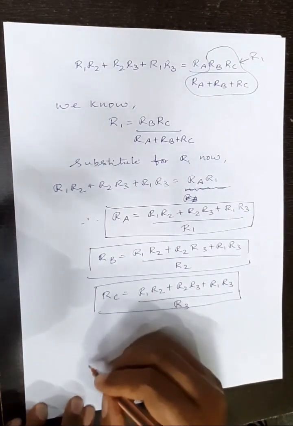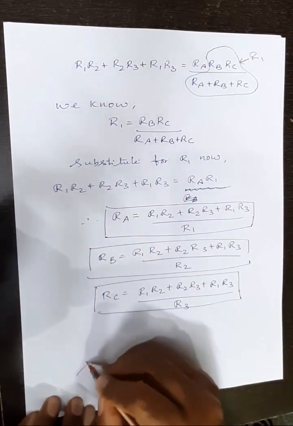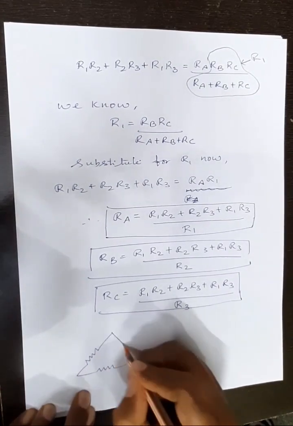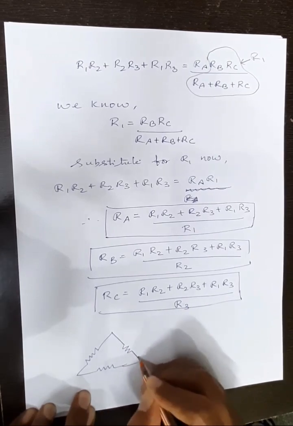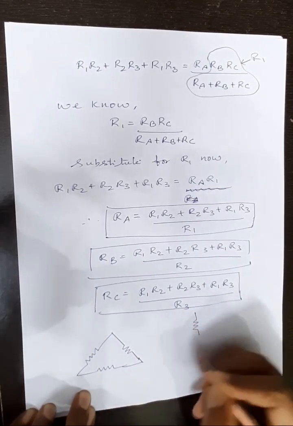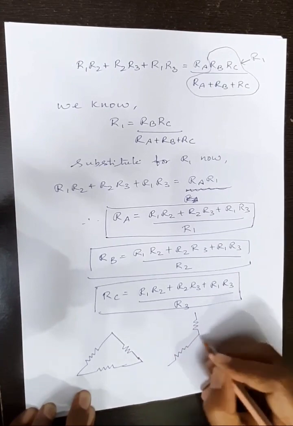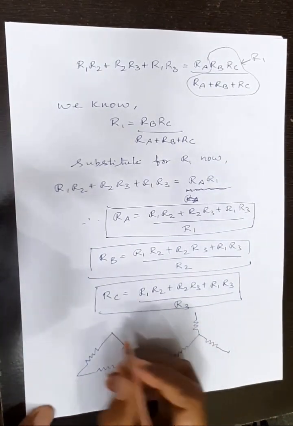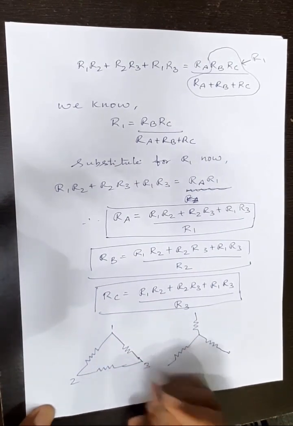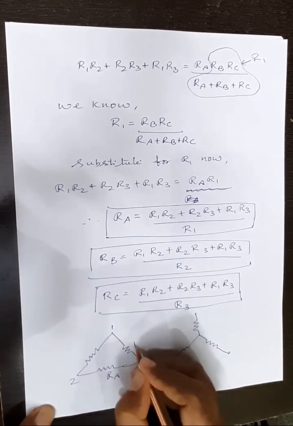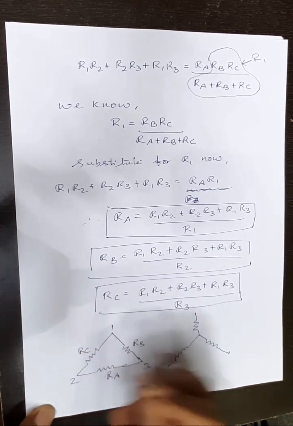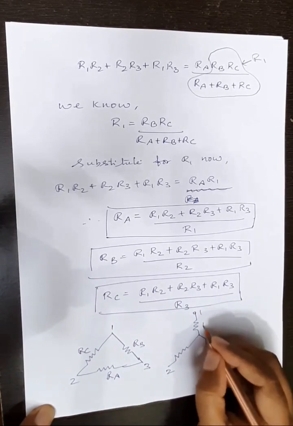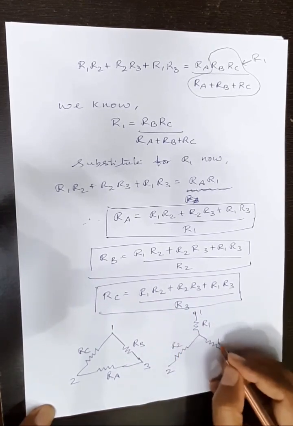So now if you observe the delta and star network which I have drawn before, terminals 1, 2 and 3, RA, RB and RC. Here 1, 2 and 3, R1, R2 and R3.